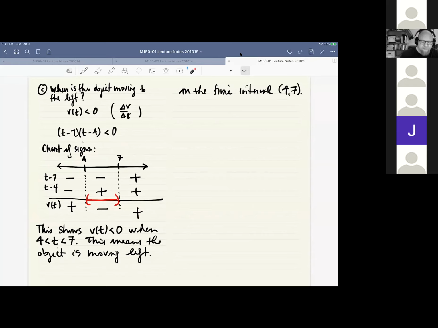It really helps you keep track of ideas when things get complicated and messy. So I want you to be able to use a chart of signs like this. If you've never seen it before, I made a couple screencasts on what charts of signs are and how to make them and use them. And I think I put a link to those screencasts on our Canvas page.